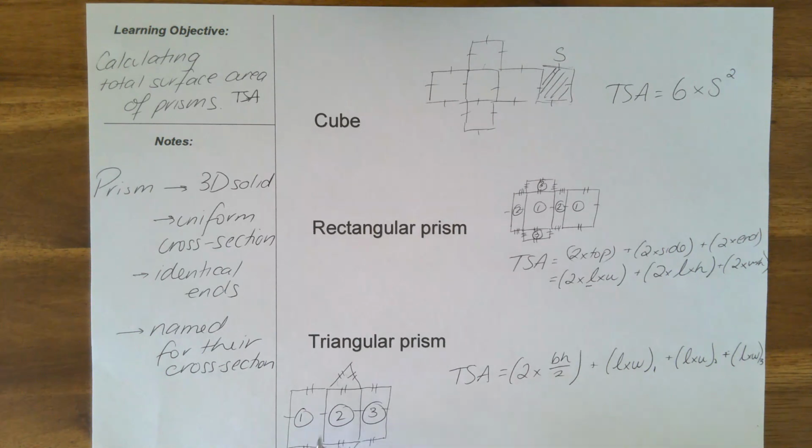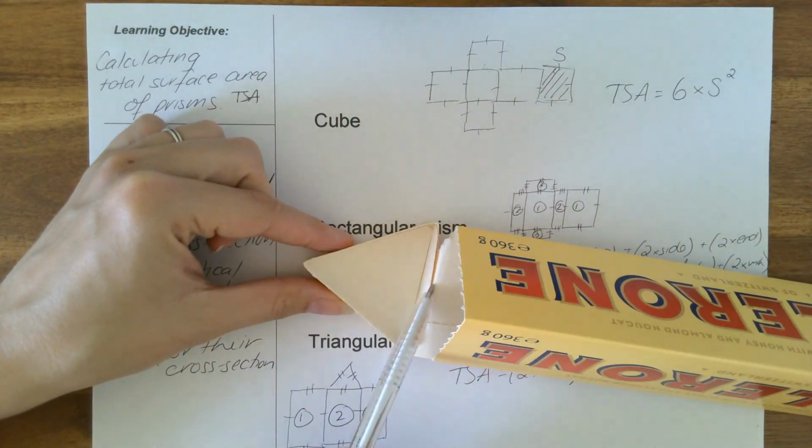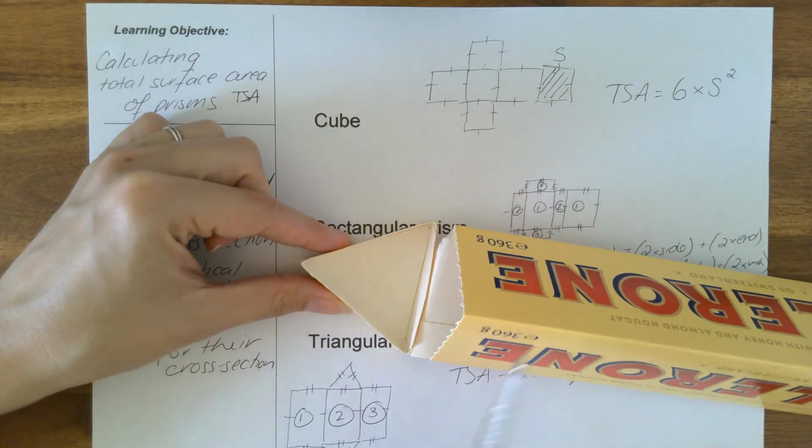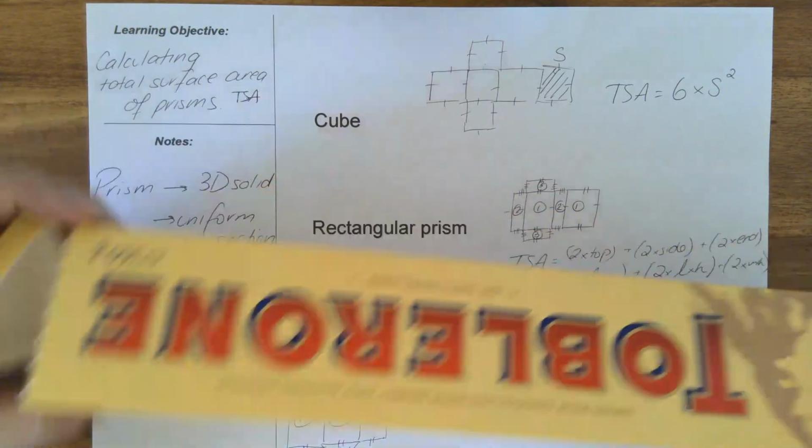If this is a shape where all three triangle sides are the same, then all of our 3 rectangles would be the exact same, but that's not always going to be the case.